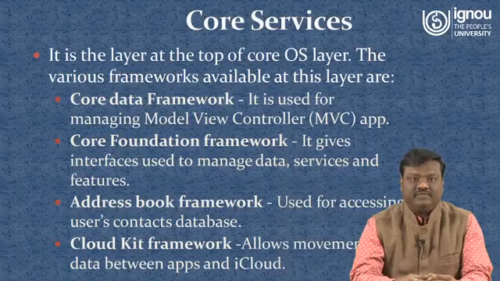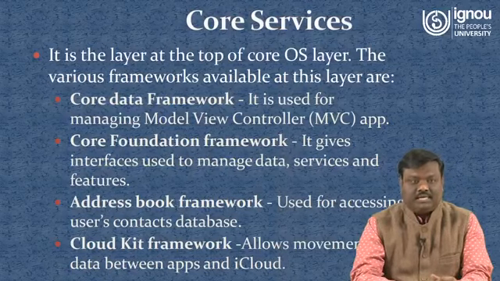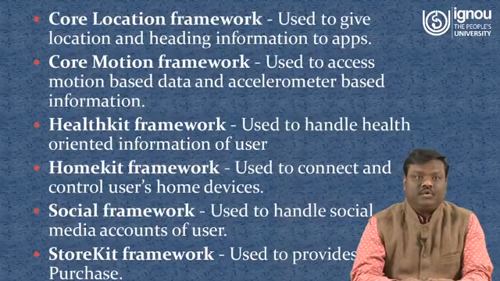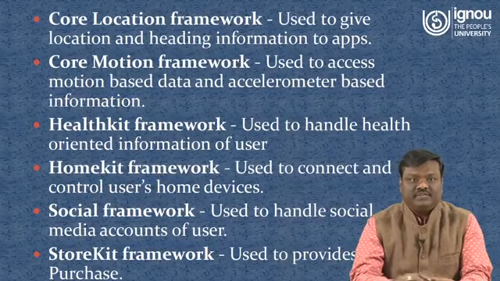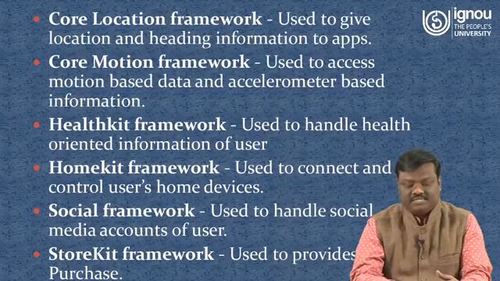The various frameworks available at this layer are Core Data Framework, Core Foundation Framework, Address Book Framework, CloudKit Framework, then Core Location Framework, Core Motion Framework, HealthKit Framework, HomeKit Framework, Social Framework, StoreKit Framework. These are the essential frameworks that the core services layer contains.